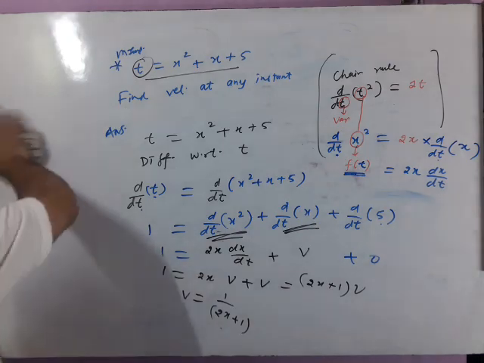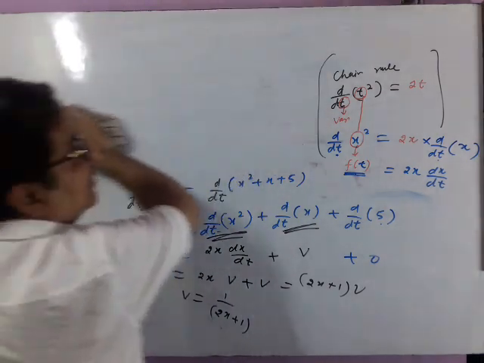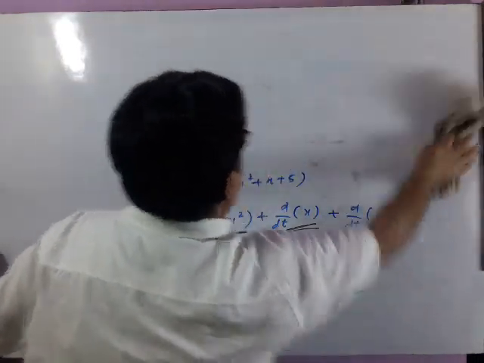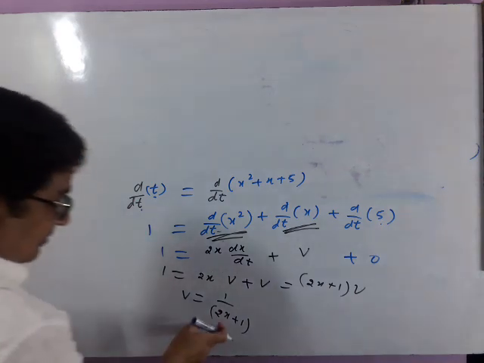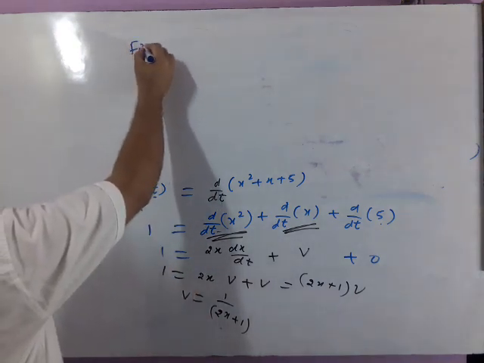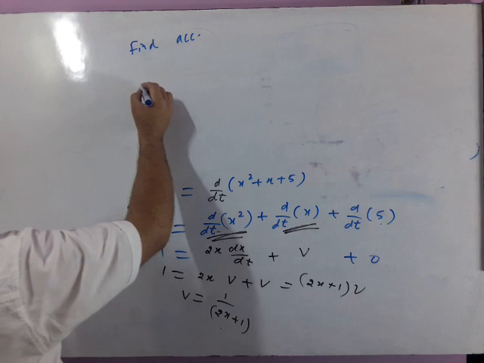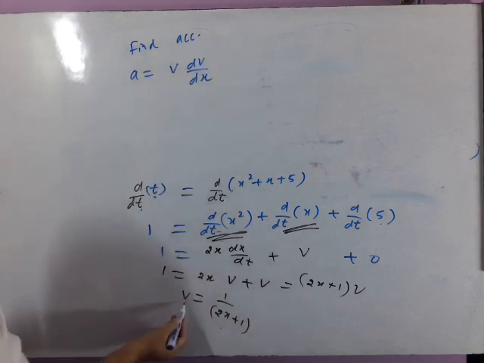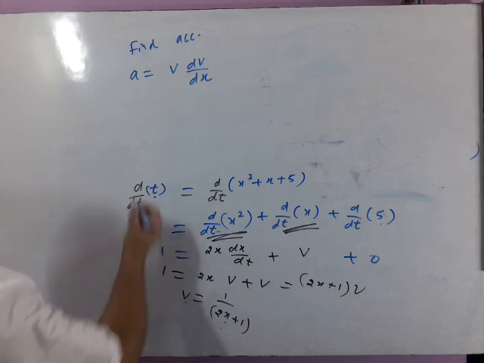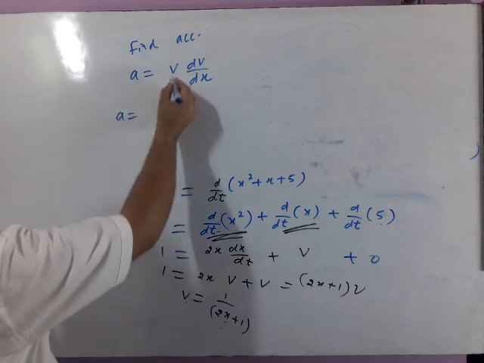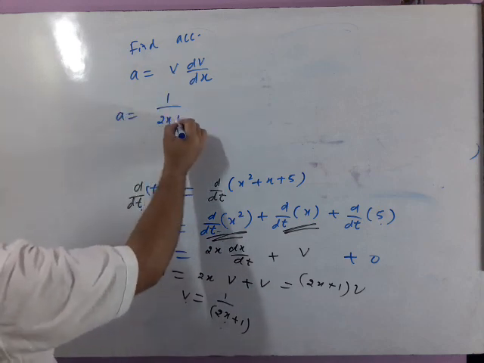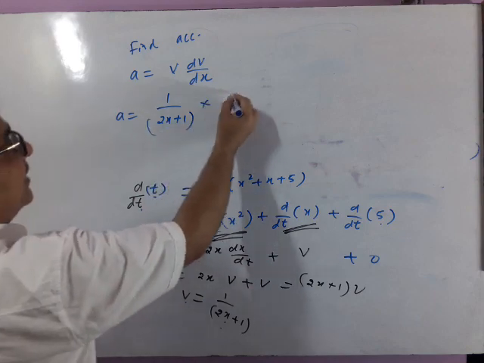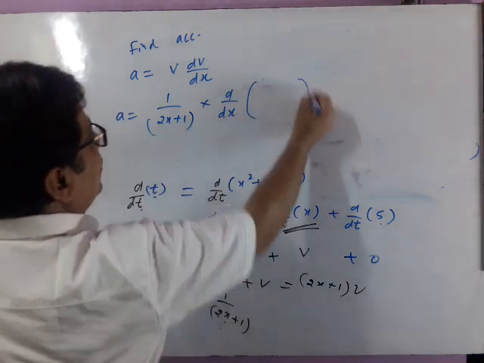Breathe in again. See, if I apply chain rule in this part, if you are asked to find acceleration, you know acceleration is v dv by dx. Why? This velocity is depending upon x. So what to do? You will have to put velocity here, 1 upon 2x plus 1, times d by dx of v.